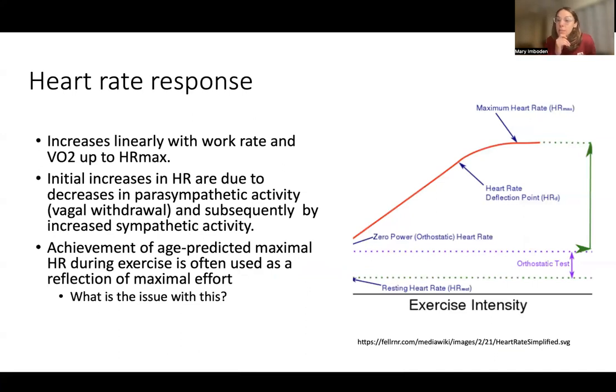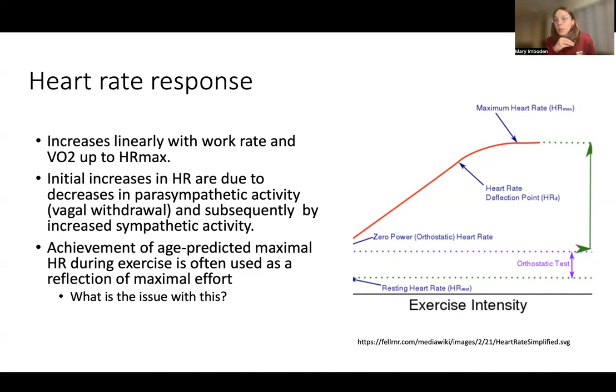Heart rate response, this is probably one you're really familiar with, even in your own exercise training. Heart rate is going to increase linearly with work rate and VO2 up to heart rate max, and then we see a plateau. The initial increases in heart rate are due to decreases in parasympathetic activity.